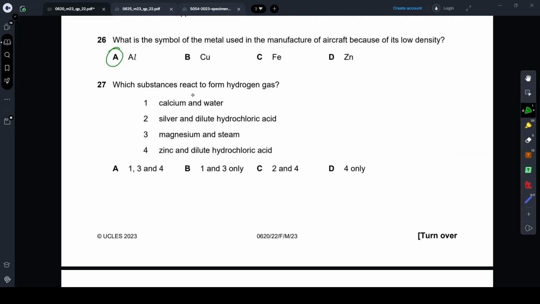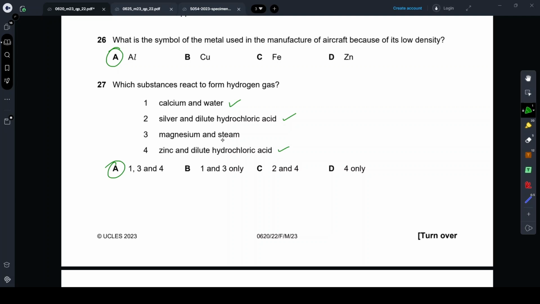All right, which substances react to form hydrogen gas? Option A. So calcium and water, so that's okay. Acid and metal, so metal and water. Then this, and then magnesium and steam. And then zinc and dilute hydrochloric acid. So yes.